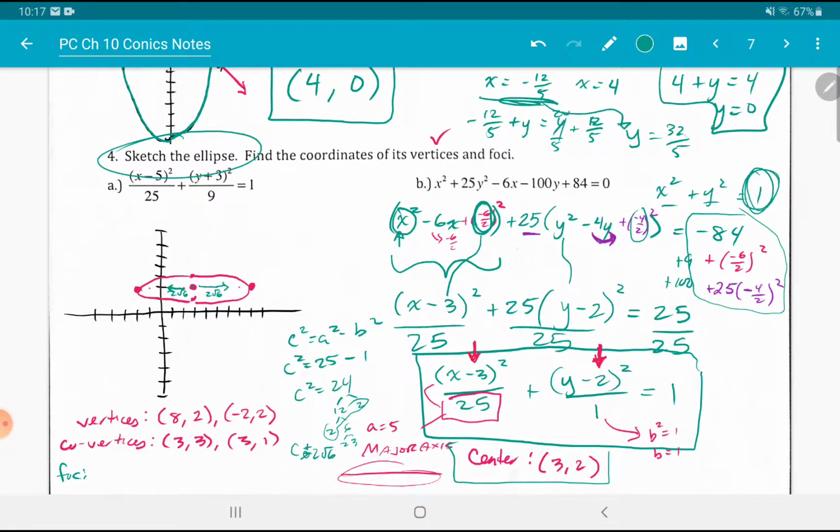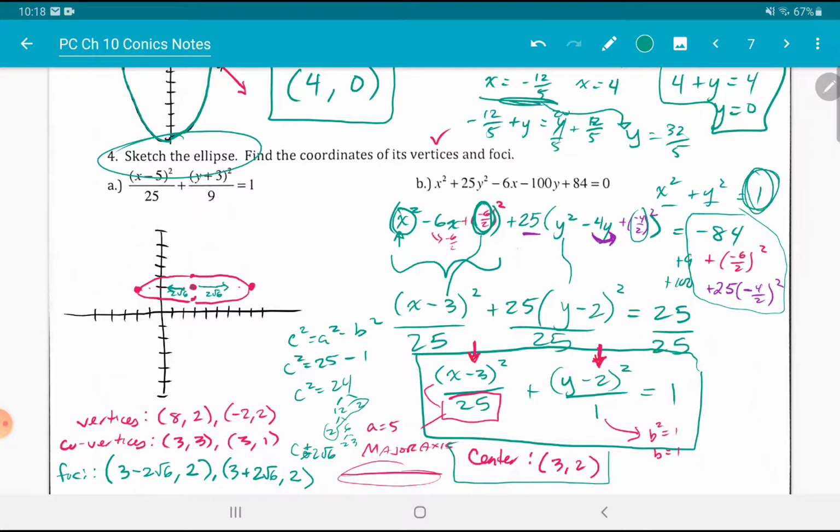To write that properly, you start at the center, and since you're moving right and left, you're adding that to the x values. So you're saying 3 minus 2 root 6, and the y value doesn't change, so it's still along the y value of 2. The other focus is going to be at 3 plus 2 root 6, comma 2, just like that.